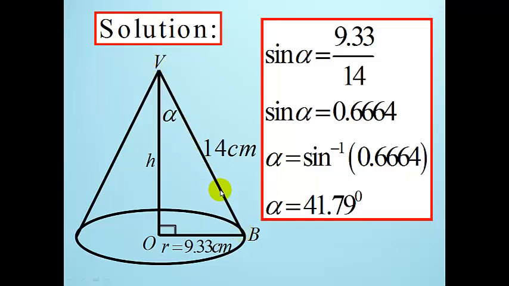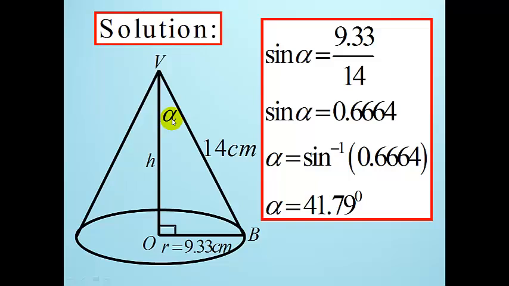That is the slant height, that is the hypotenuse, the longer side, and the base radius. Now when we consider the angle alpha, we can see that the side OB, that is the base radius, is opposite to the angle alpha, and the hypotenuse, that is 14 centimeters, is the hypotenuse to the angle alpha.